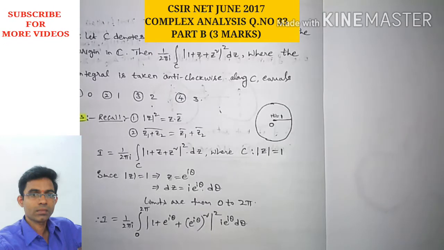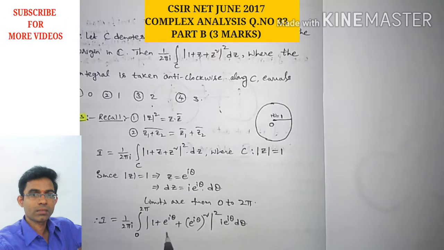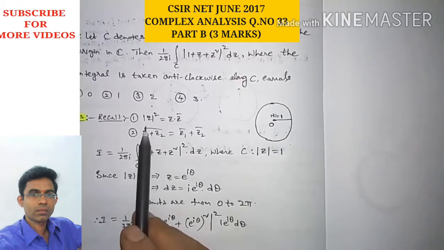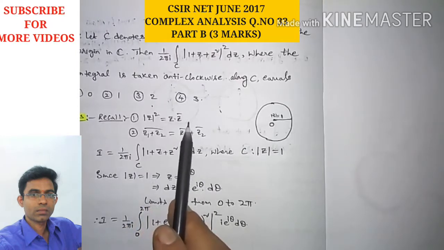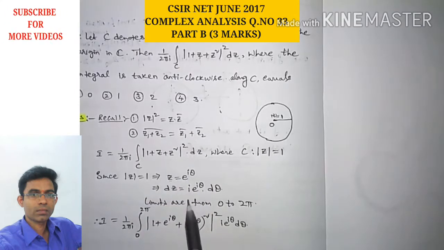Is it clear? Now this is of the form 1 plus e power i theta plus e power i theta whole square, which is one complex number, so it is of the form modulus of z square. But we know that modulus of z square can be written as z into z bar, so we will use this formula.